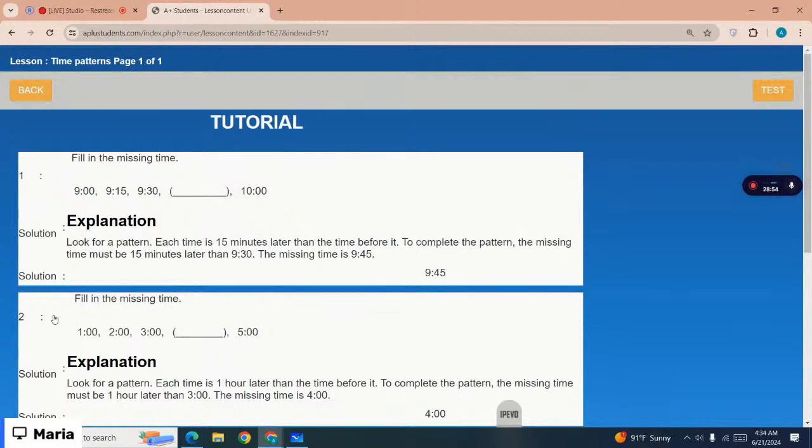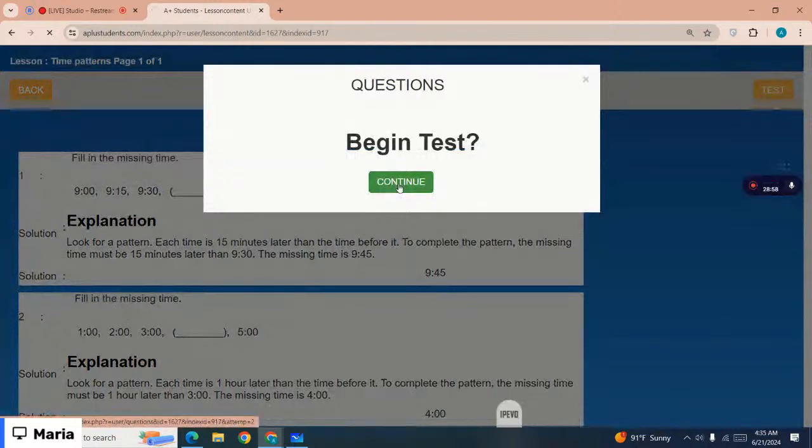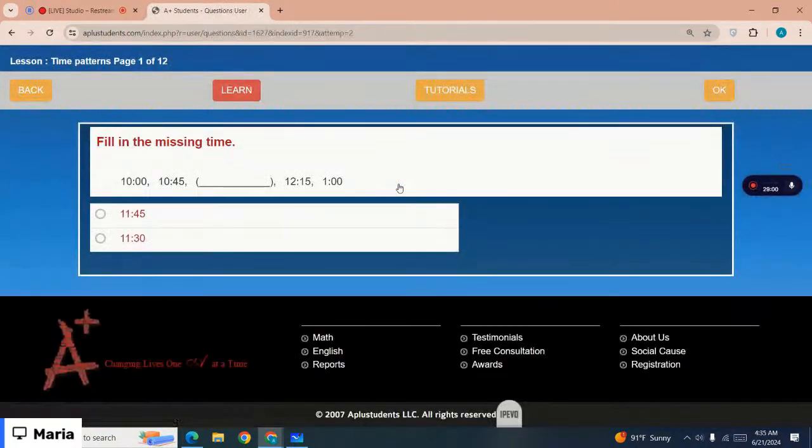Let's just start with the test questions. Fill in the missing time. 10, 10:45, missing value, 12:15, 1. The pattern is growing by 45 minutes.